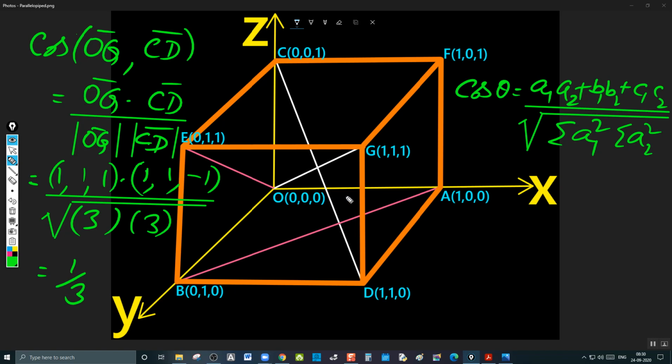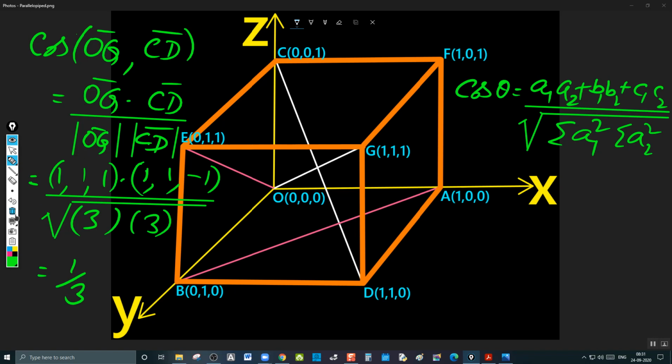I need not mention this because everyone knows that, very similar. Both are the same. That's why I've been telling you to see two-dimensional geometry from the window of vectors. See three-dimensional geometry from the window of vectors. Similarly, 2D can also be extended like that by removing z. So whatever cos theta is there in three-dimensional geometry, it is nothing but the dot product. So it is 1 by 3.